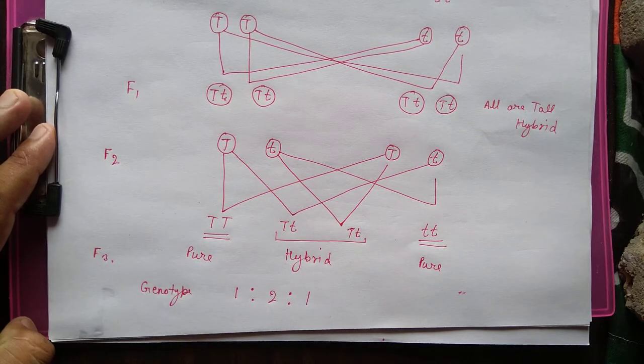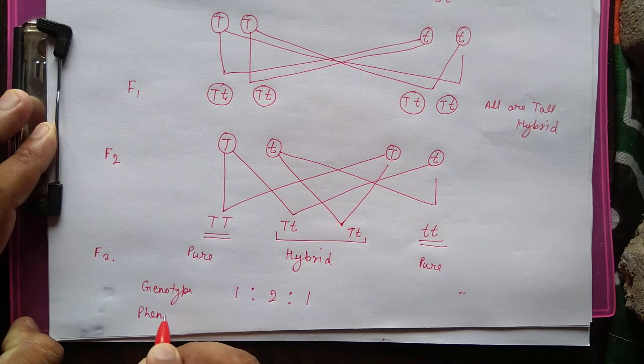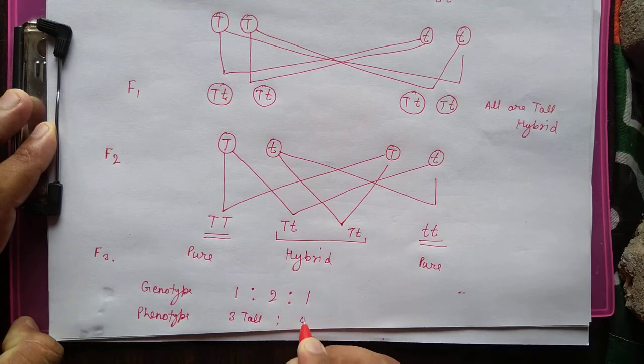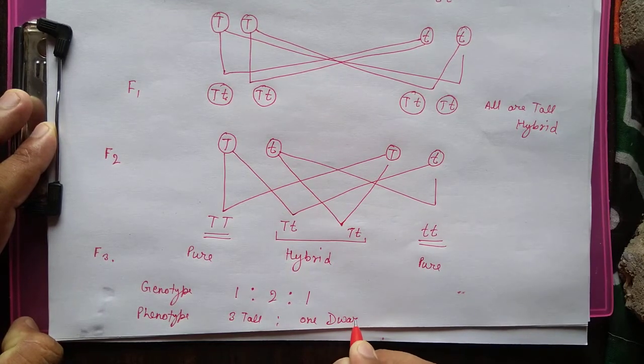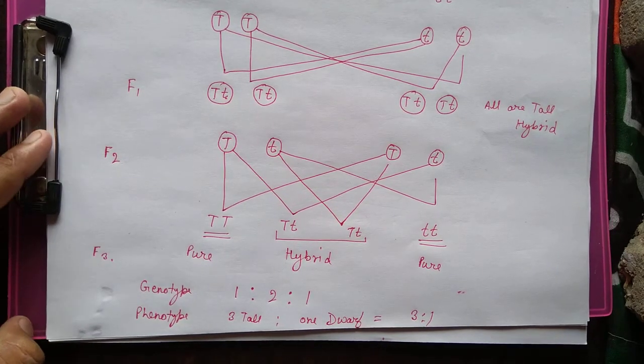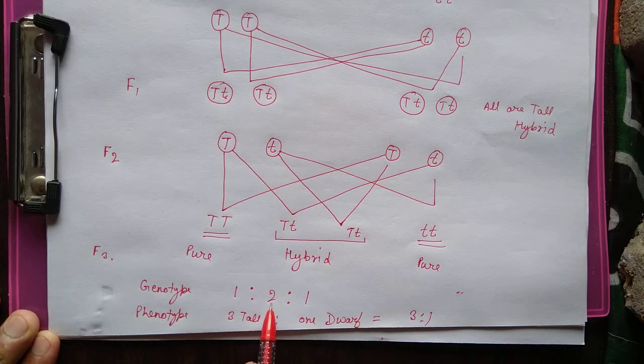If we study the plant morphology, means the outer structure, we find that the phenotype is 3 tall and 1 dwarf. So the ratio is 3:1. In many experiments of the monohybrid cross, always the genotype ratio is 1:2:1 and the phenotype ratio is 3:1. This is all about the monohybrid cross.